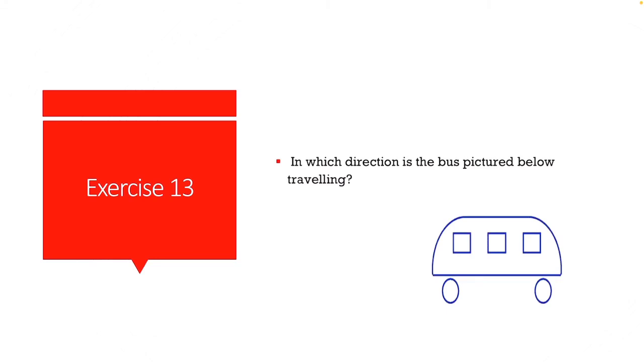See, the direction will depend on the country the bus is in. There are 2 kinds of countries, left hand drive countries and right hand drive countries. If the bus is in a left hand drive country, the bus is going to the right as you cannot see the door to get in. If it is a right hand drive country, then the bus is going to the left as you cannot see the door to get in.